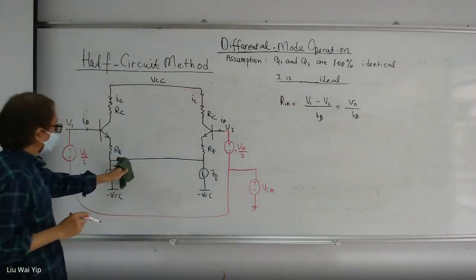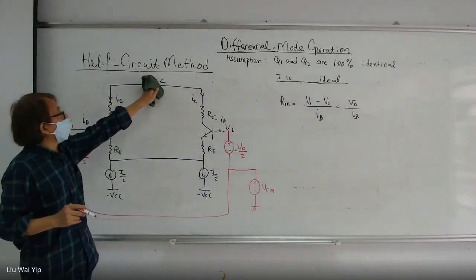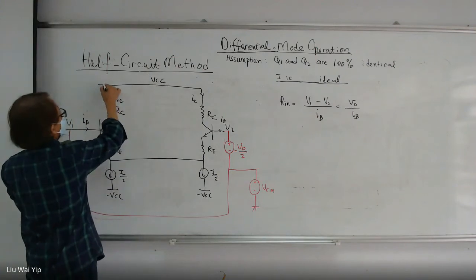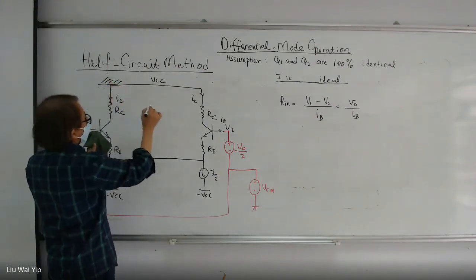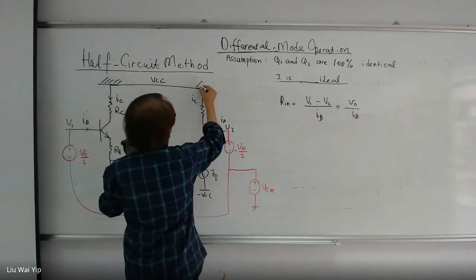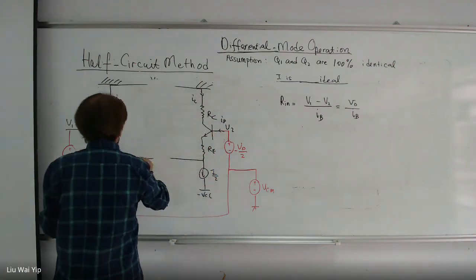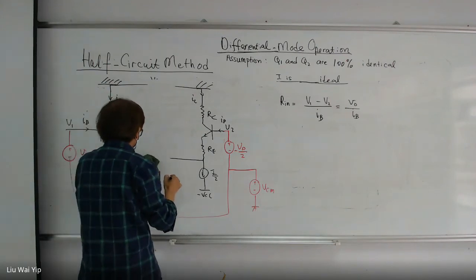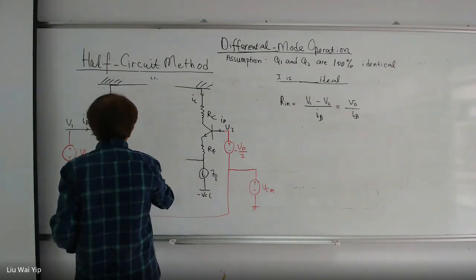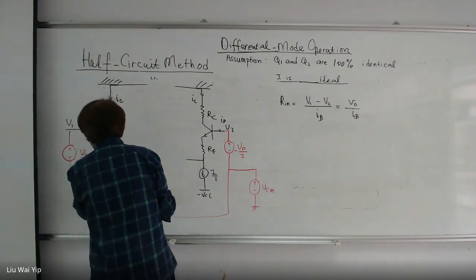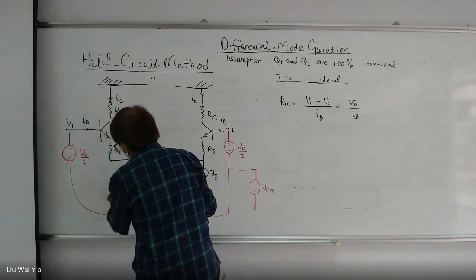According to the circuit here, we need to convert it into the AC domain and cut it, and here the ground will be here, because we are now dealing with differential. So here, open circuit.